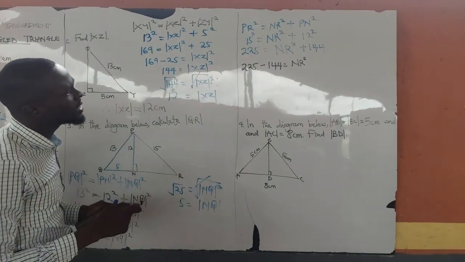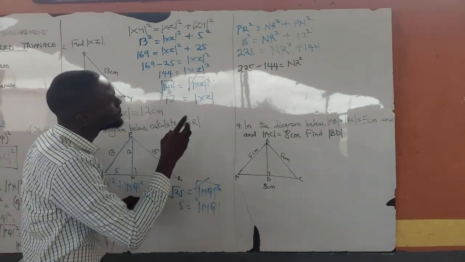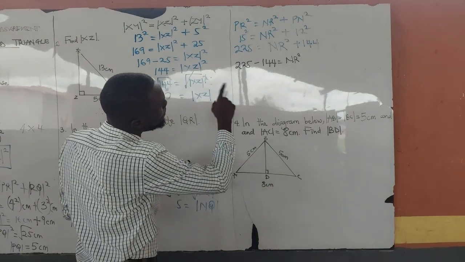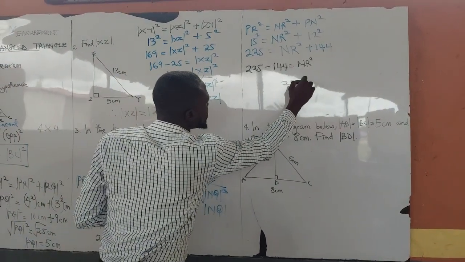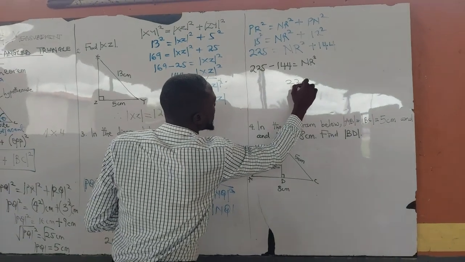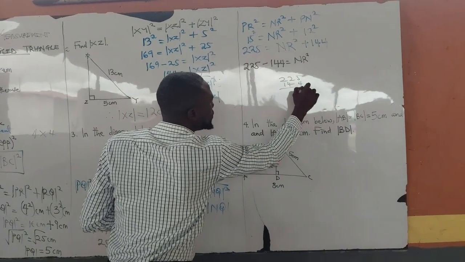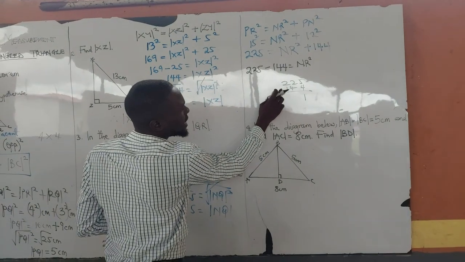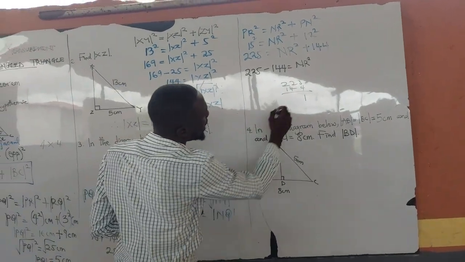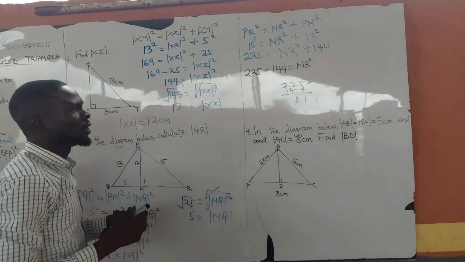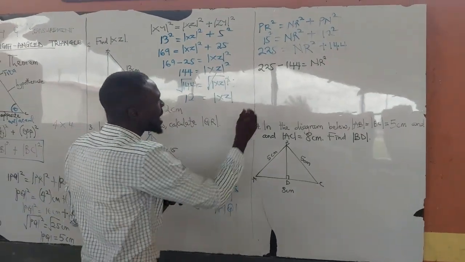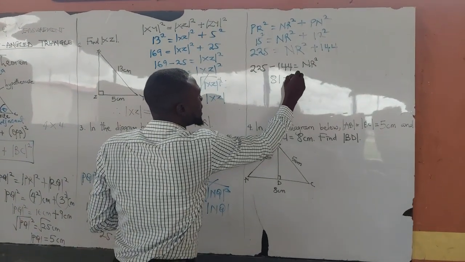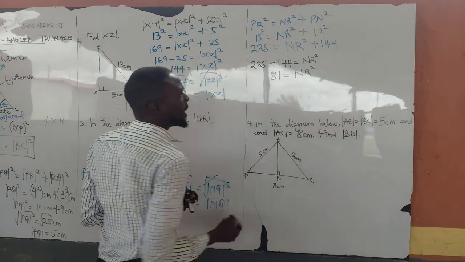Subtracting this from this is going to give you 81. So we have 81 is equal to NR squared.